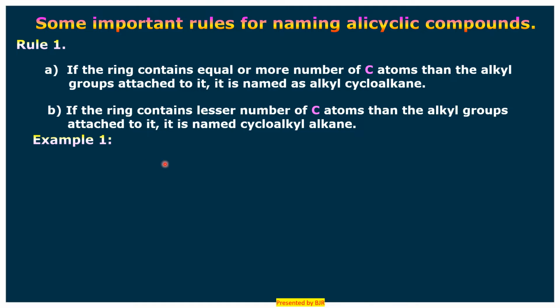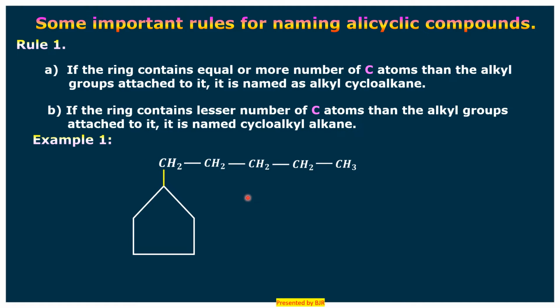Here is example 1. This is an organic compound, and an alkyl group has been attached to a ring. You can see here the number of carbon atoms in the alkyl group is 5, and the number of carbon atoms in the ring is also 5.